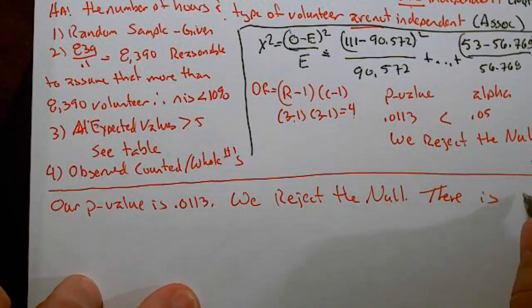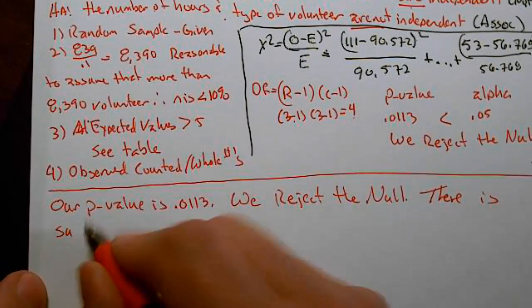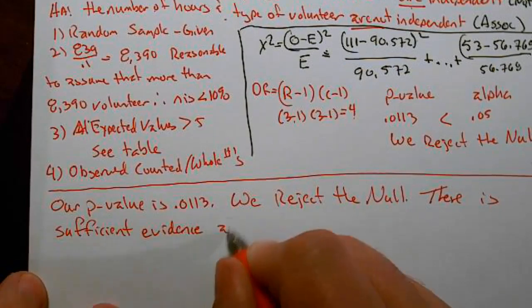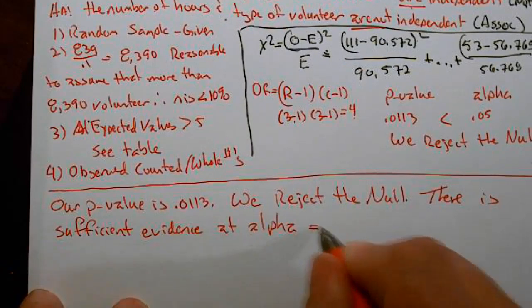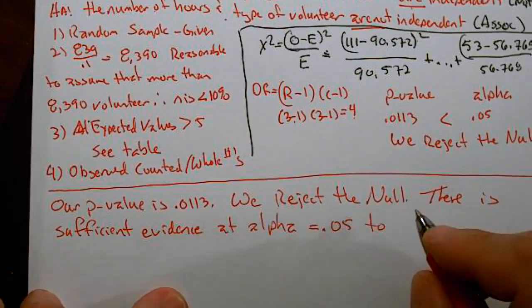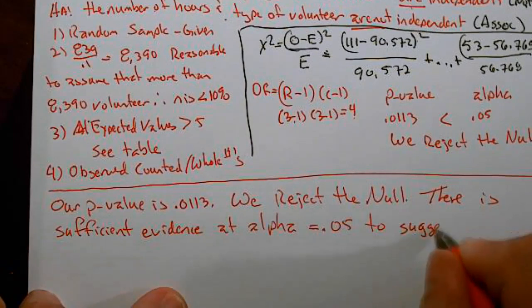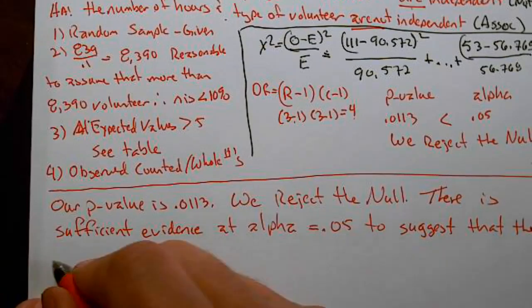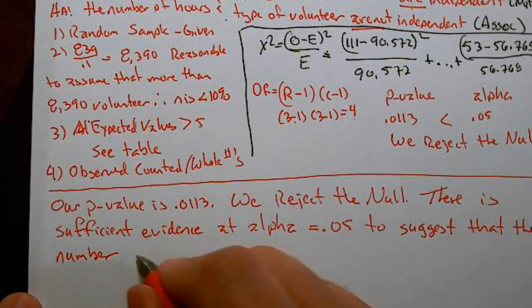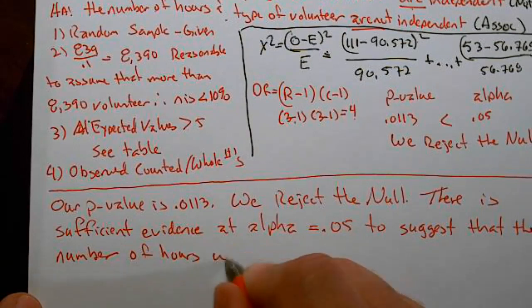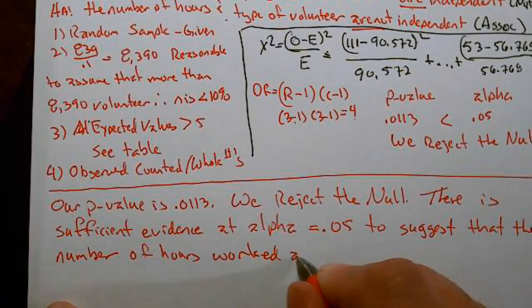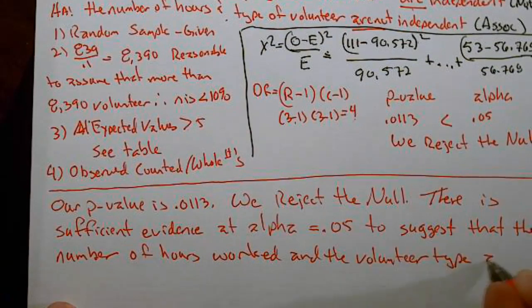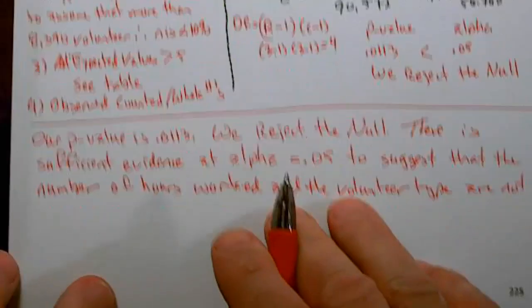There is sufficient evidence at alpha equal 0.05 to suggest that the number of hours worked and the volunteer type are not independent.